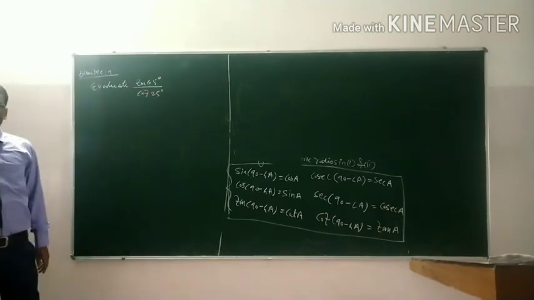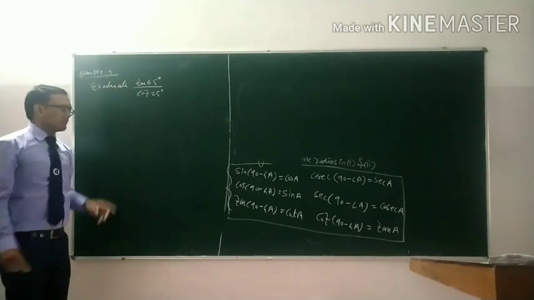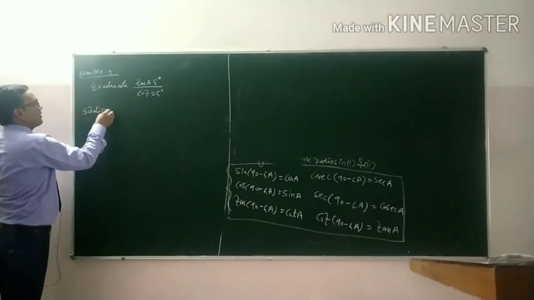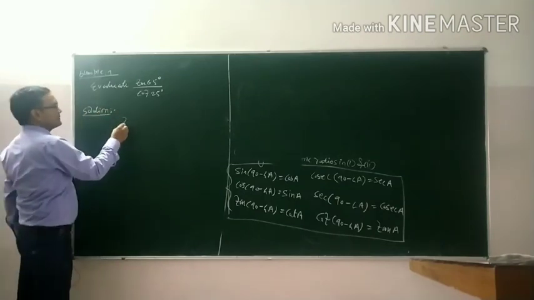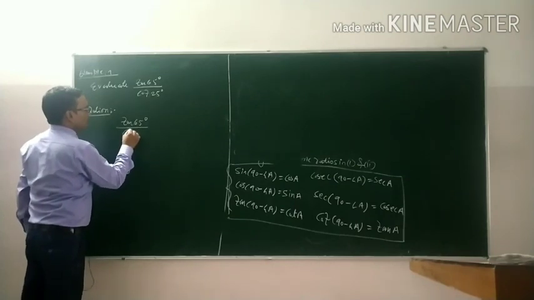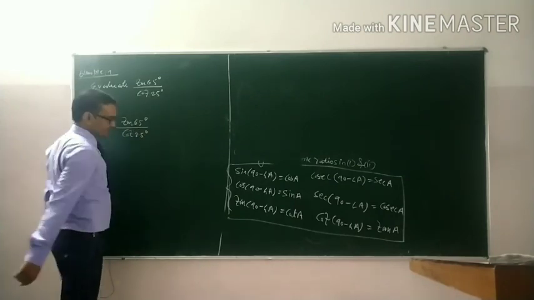Here students, we find the value of tan 65 upon cot 25.